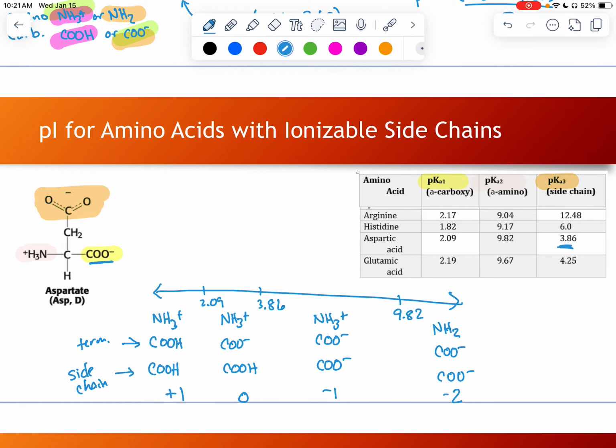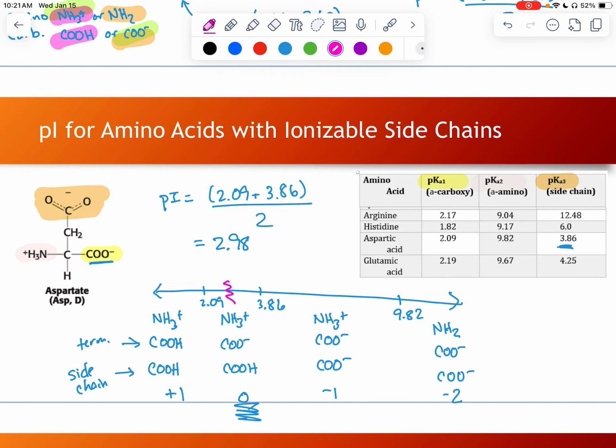So if I want to calculate my pI, I look for where it's 0 and I average those. 2.09 plus 3.86 divided by 2, 2.98. So above that, we start tilting. So right here is our pI.